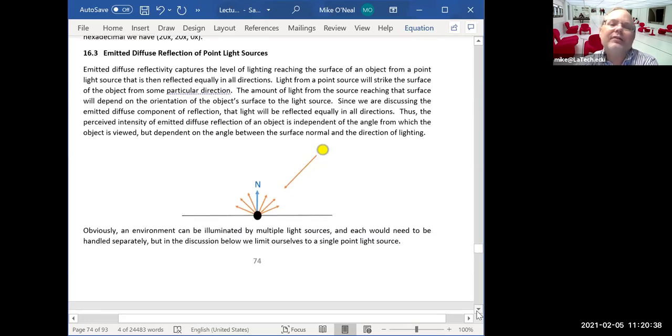Okay, emitted light. We're modeling that by point light sources: light coming in from a light source, hitting a surface, and then reflecting equally in all directions. It's called an emitted point light source because we have an emitter, a single source, and it's a point light source. We model our light sources as points.